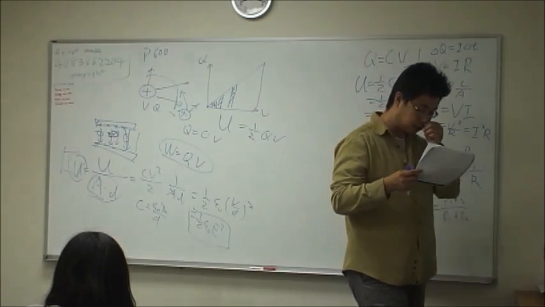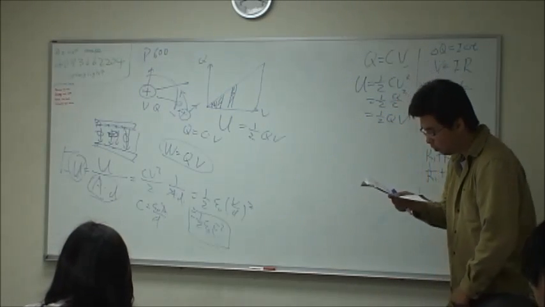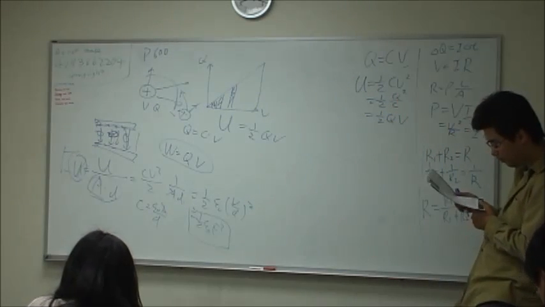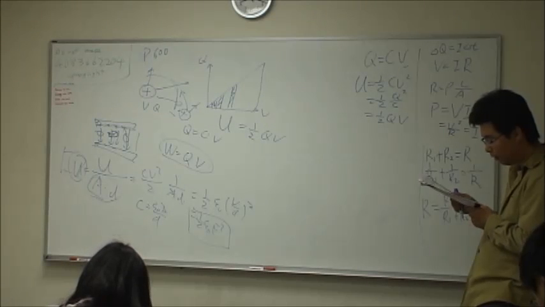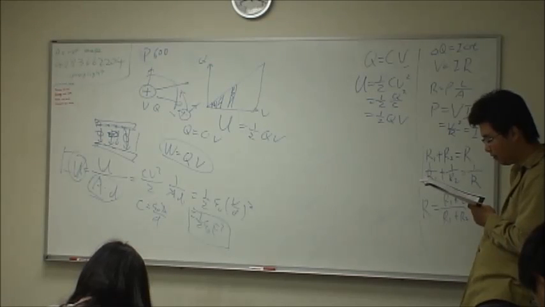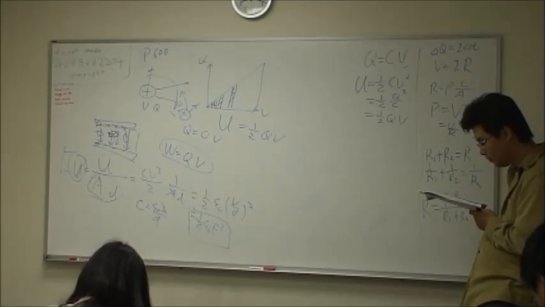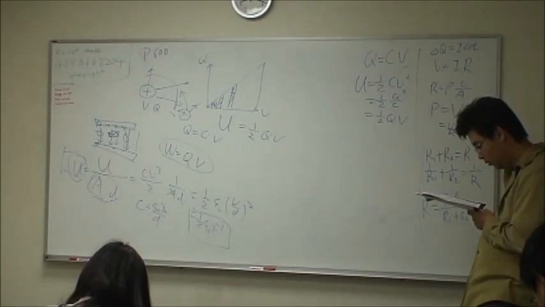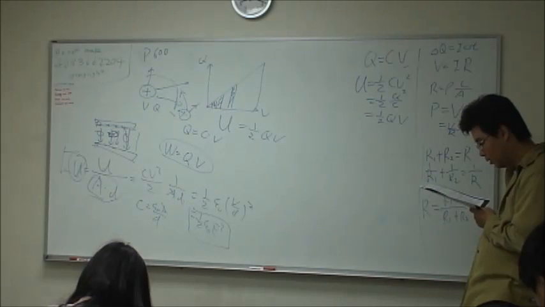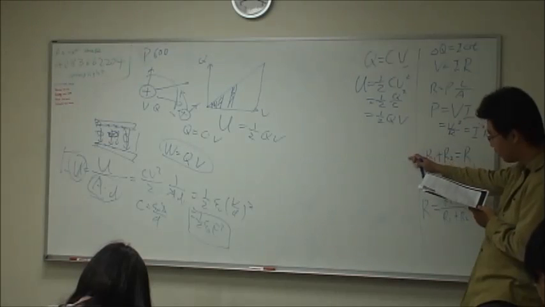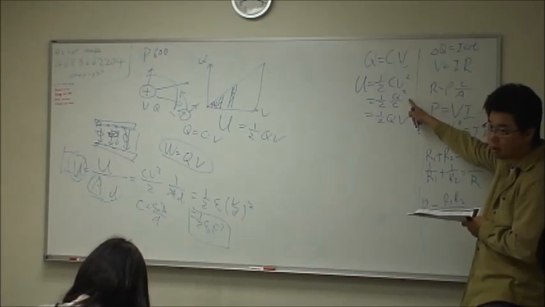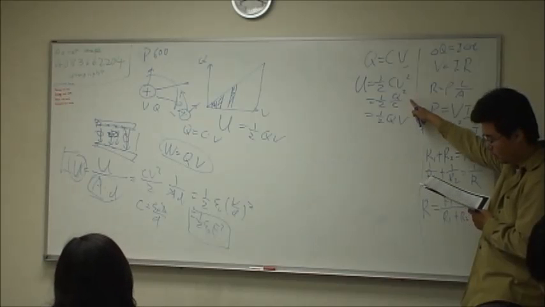So if you look at the sample problem, 26-4. It's a sphere, radius 6.85 centimeter, with some charge. For the potential energy, we just use this kind of equation. It will be Q squared over 2C because we know how much charge.